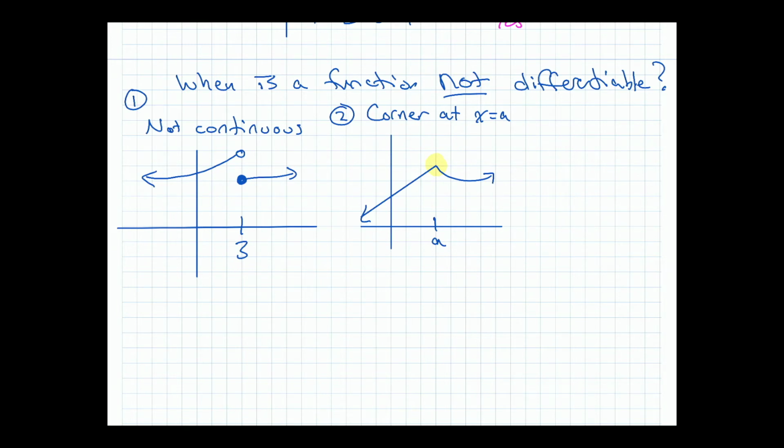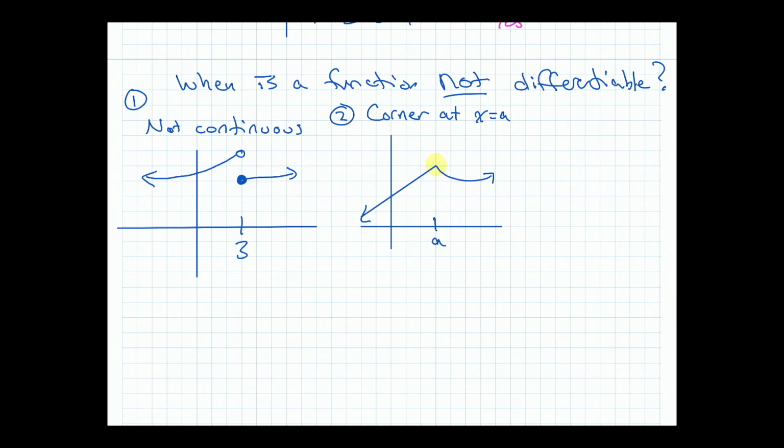If you've got a corner, then on the left side you have this kind of tangent line, but on the right side you have this kind of tangent line. How could you have 2 different tangent lines at the point? You can't.